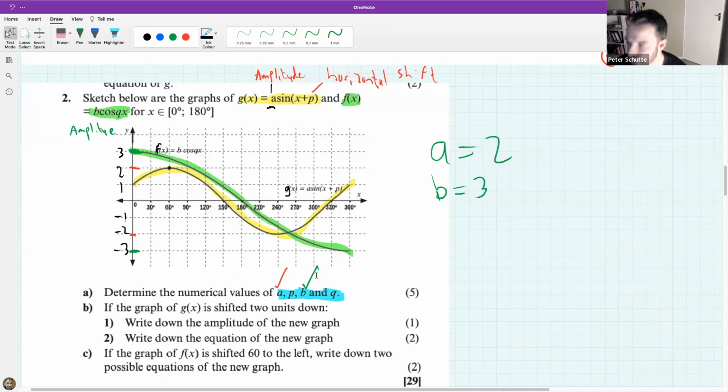Can you please have a look at Mpo's question in the chat? I can. So Mpo is asking about working out the p-value, which is the horizontal shift. And what I want to suggest, Mpo, is it's not easy to see where this would land. And so what you might need to do is ask yourself, where does the sine graph normally go?